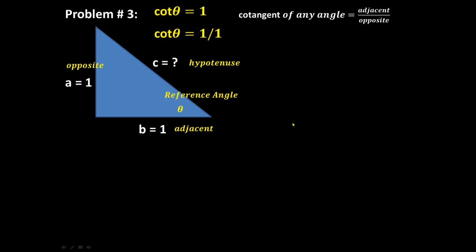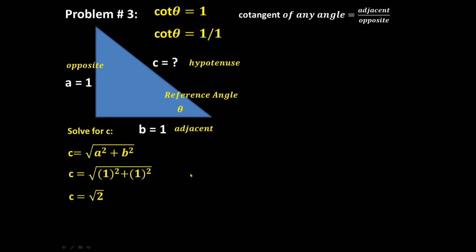And in order to solve for the value of side C, C is equal to the square root of A square plus B square. As our Pythagorean Theorem formula. Since given ang A and B, direct substitution, C is equal to the square root of 1 square plus 1 square. And C is equal to square root of 2.